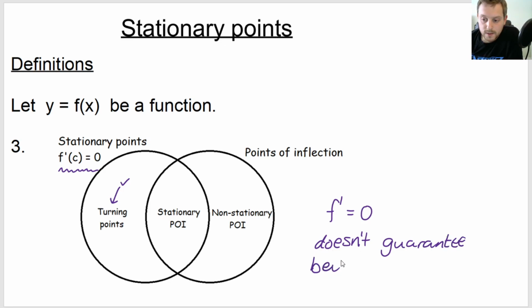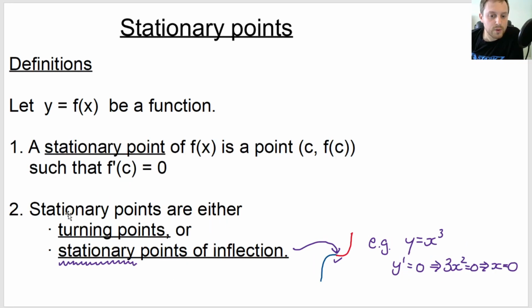Remember, f dashed being 0 is what it means to be a stationary point. And stationary points are either turning points or stationary points of inflection.